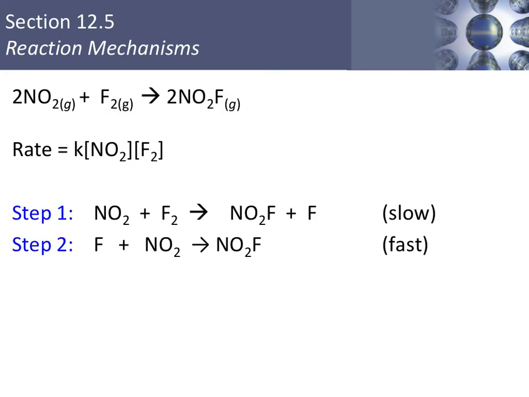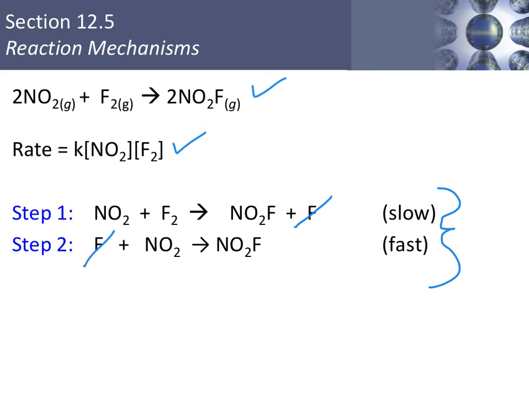So here you can see an overall reaction and its experimentally determined rate law. And then there's a mechanism here that has two elementary steps. We've got one intermediate, the fluorine atom that's produced in step 1 is a reactant in step 2.